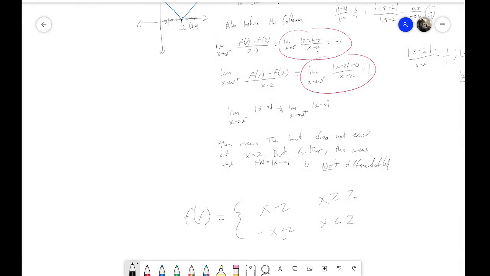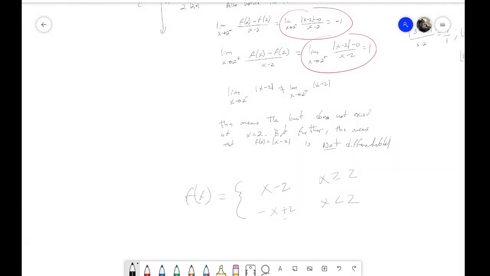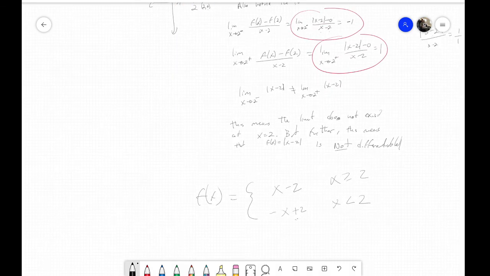But in any case, you should get something like this, and then you could take the derivative piecewise.